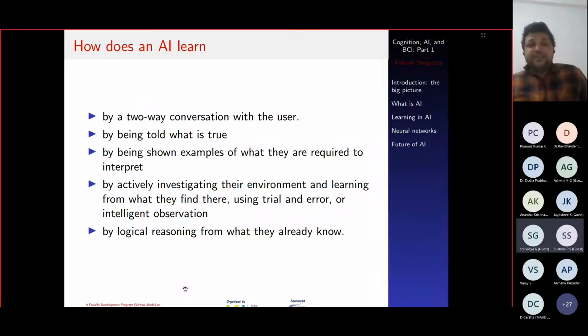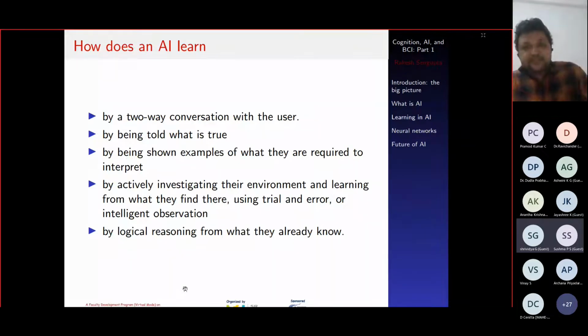It learns by being told what is true. It learns by being shown examples of what it is required to interpret. And it learns by actively investigating its environment and learning from what it finds there using trial and error or intelligent observation. And it also learns by logical reasoning from what it already knows.